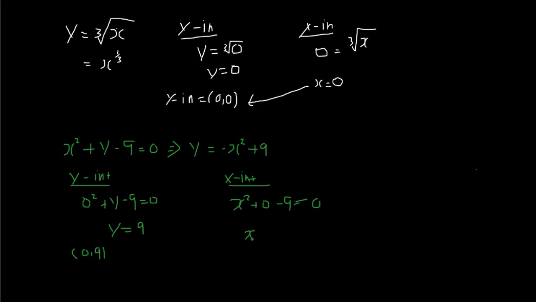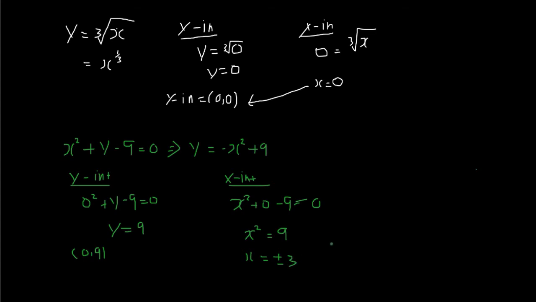Therefore, x to power 2 equal 9. So now we solve for x. Now what are the x values? You know, I solved this type of example before. I explained that. So therefore this should be plus or minus 3.